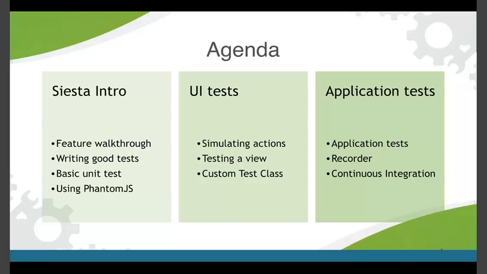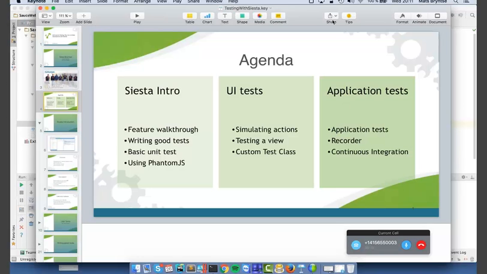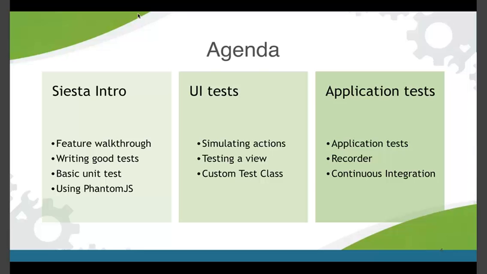And then moving on to UI tests, which is, of course, a little bit more complex. I'll show you how you can simulate user interactions with Siesta. Also show you how you can interact with views and do view testing. Also, when you have a lot of tests, after a while, you will definitely want to abstract your test code into a separate test class, so you get some code reuse.